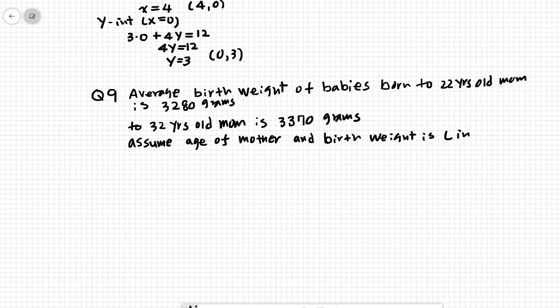That means that as the mom's age increases, the baby's weight is going to be increasing. So we're going to answer the two questions over here.